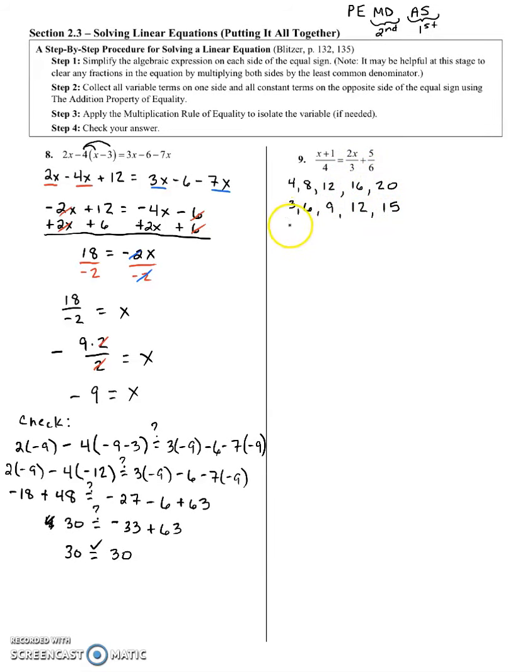And multiples of 6, we have 6, 12, 18. Okay, hopefully everybody can see that the smallest number in all 3 of our multiples lists is 12. So our LCD is 12.